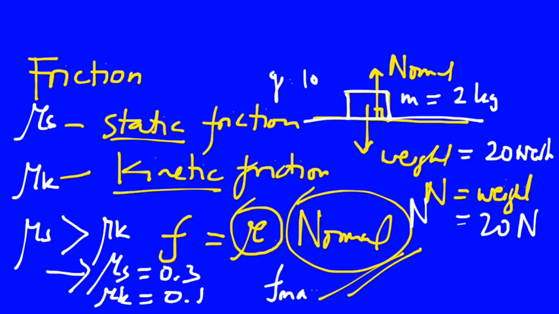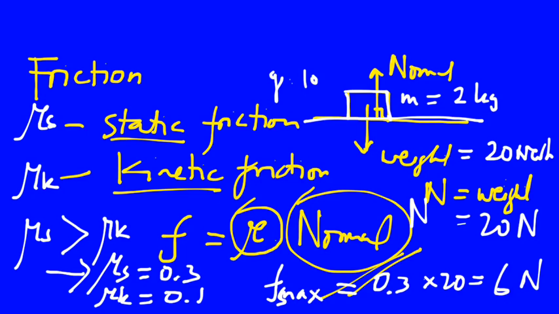This is the maximum friction that we need to overcome first to make the object move. 0.3 times 20, so it's 6 Newton.